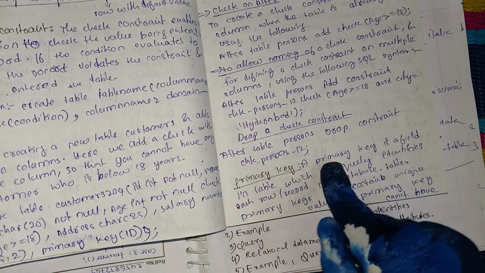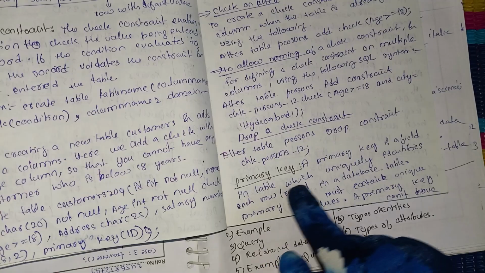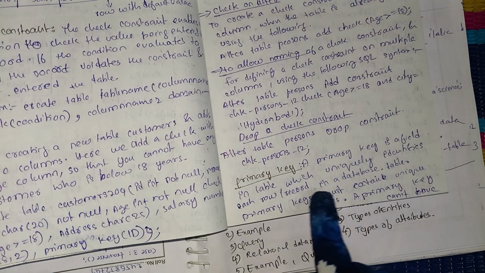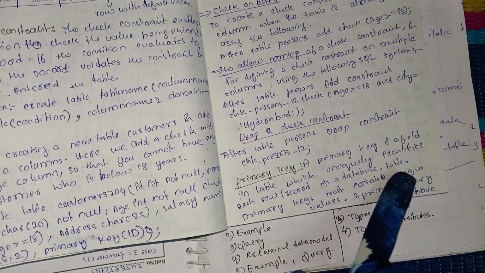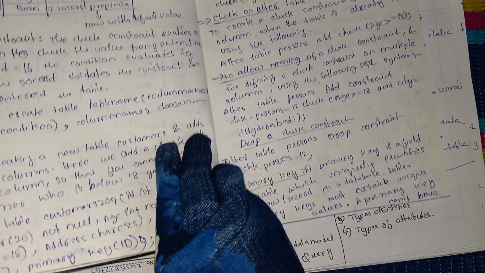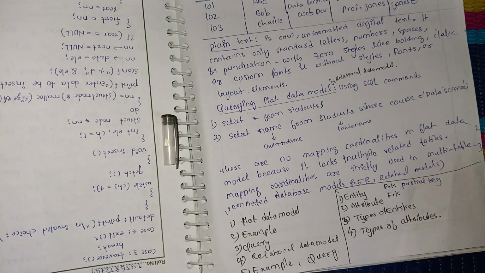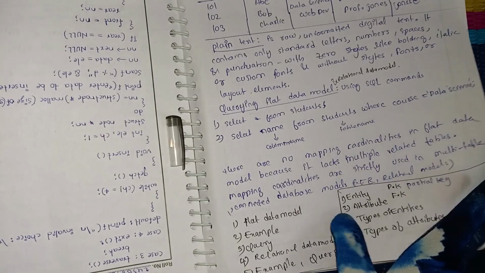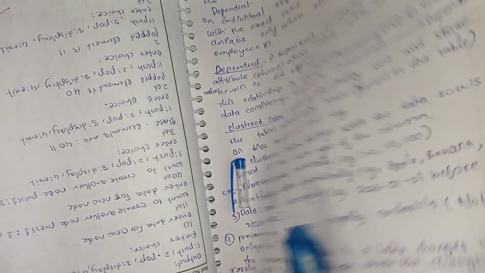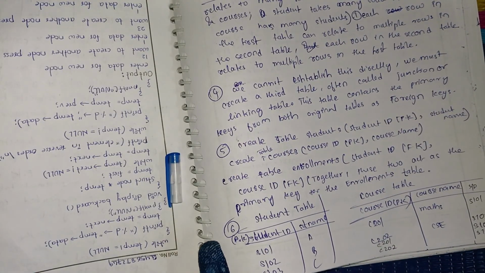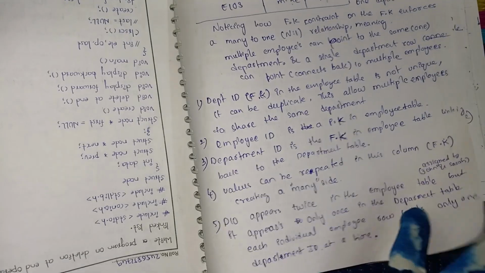A primary key is a field in a table which uniquely identifies each row or record in a database table. Consider one example where we use primary keys and foreign keys.